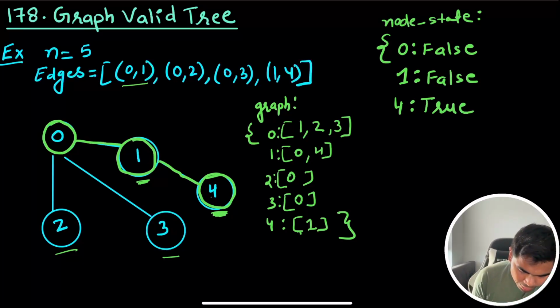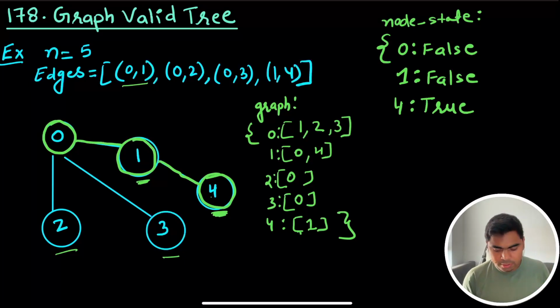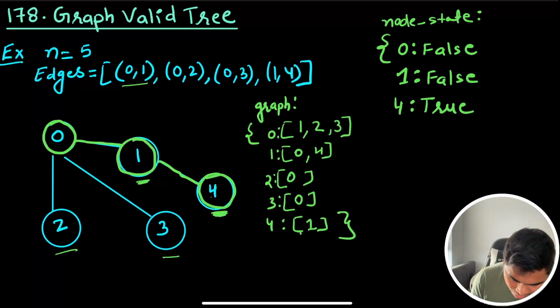Remember, 4 has a neighbor 1, but because 1 is the parent of 4, I will not try to explore that. Then I will mark this visited and come back to 1. 1 doesn't have any more neighbors, so I'll change its node state to true, because that means it has been fully visited. Then come back to 0.